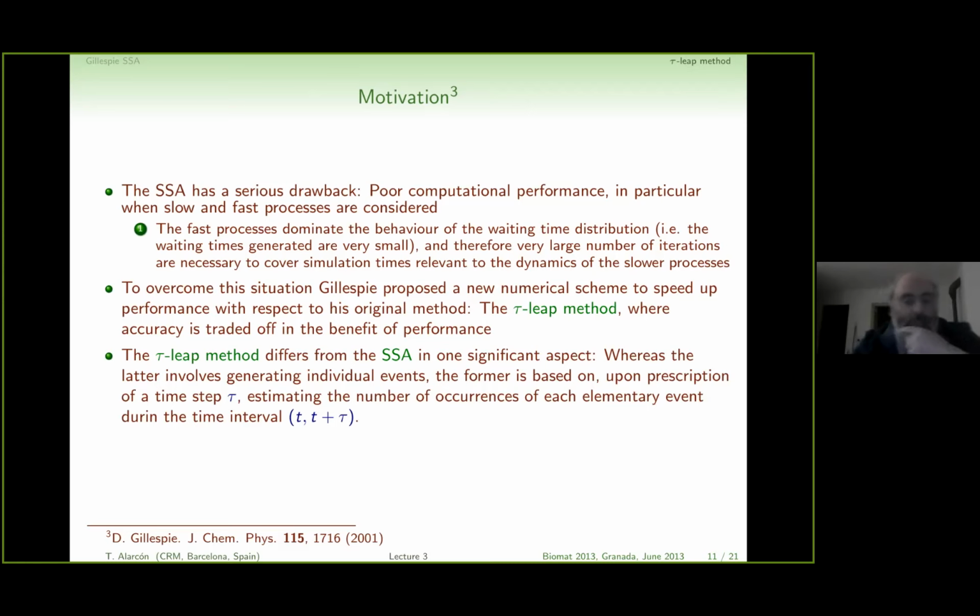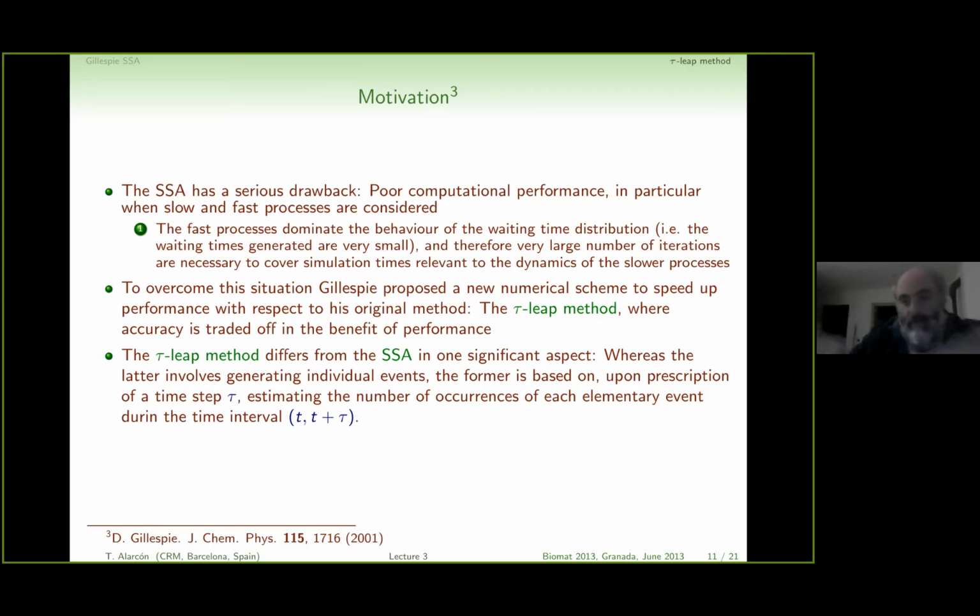The difference between the tau-leap method and the Gillespie method, the SSA, is that whereas in the Gillespie method you generate event by event by generating the time that you have to wait until the next event, the tau-leap method suggests that we fix a time step somehow.